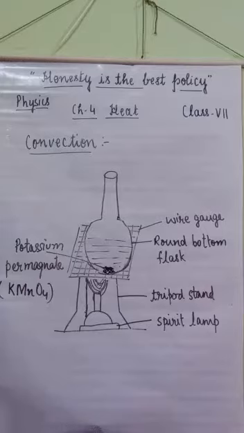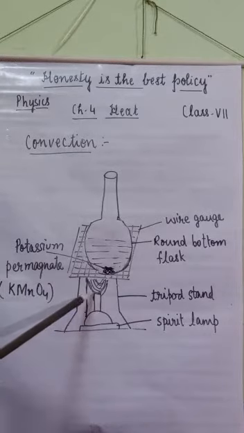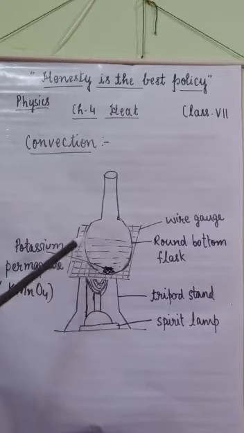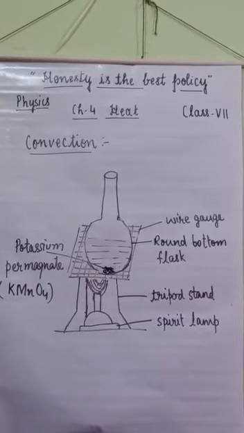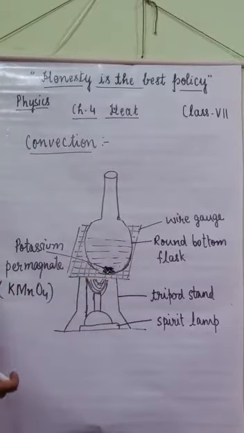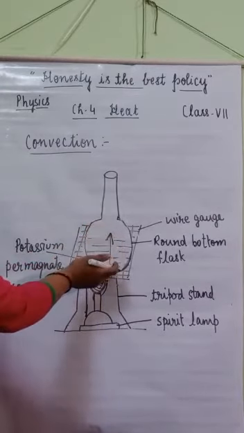Now heat the water by lighting the spirit lamp. When water is heated, the water near the flame gets hot and it becomes light, and on becoming light, it rises upwards.